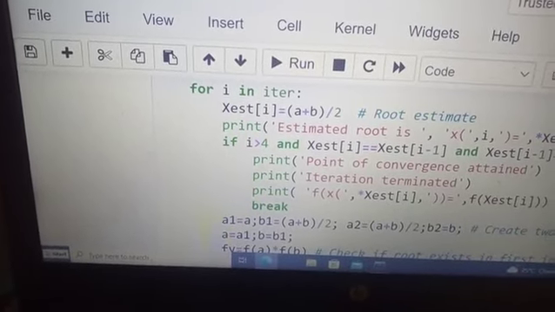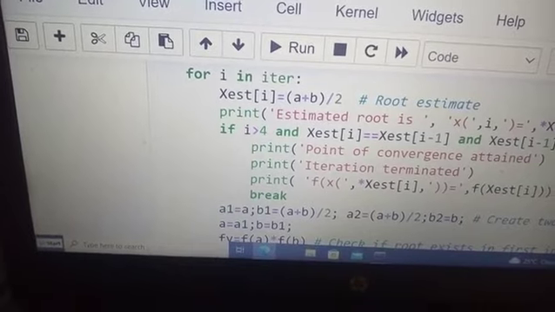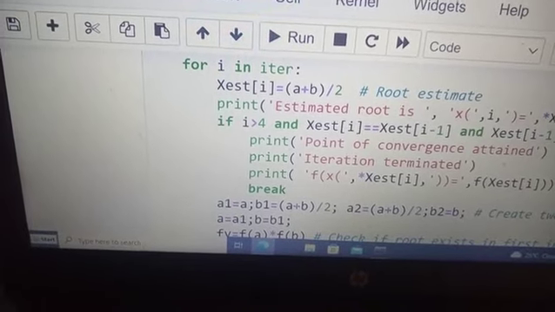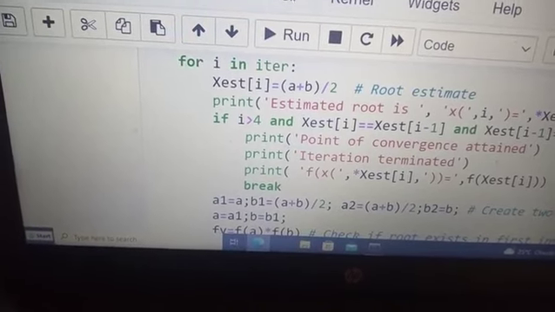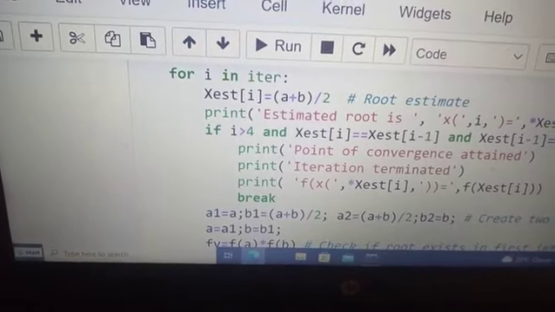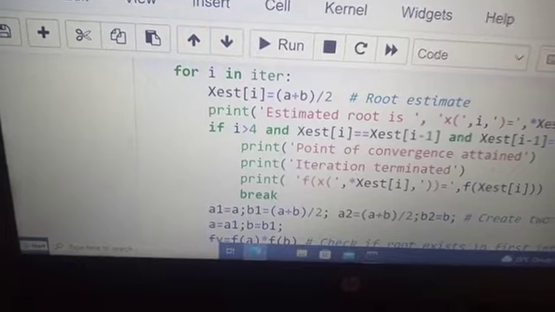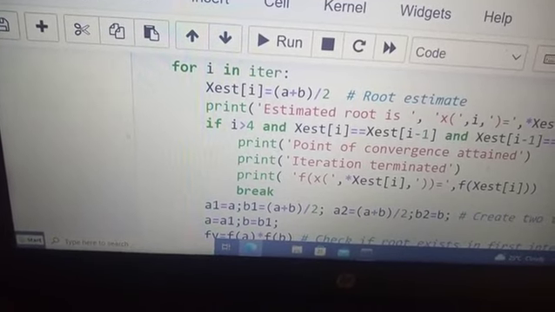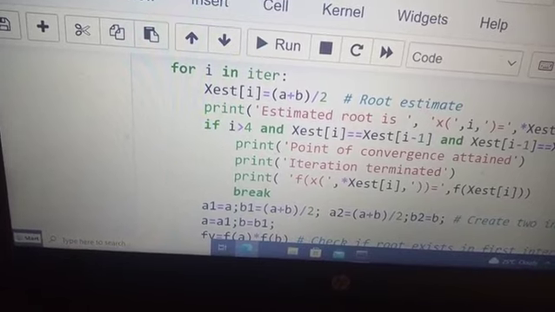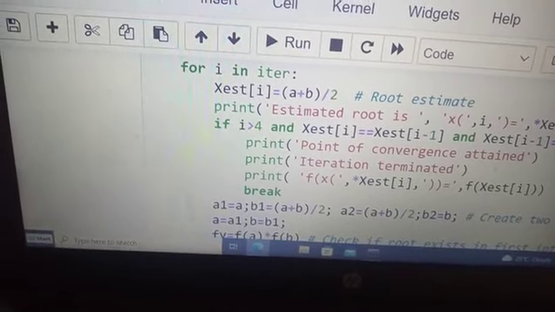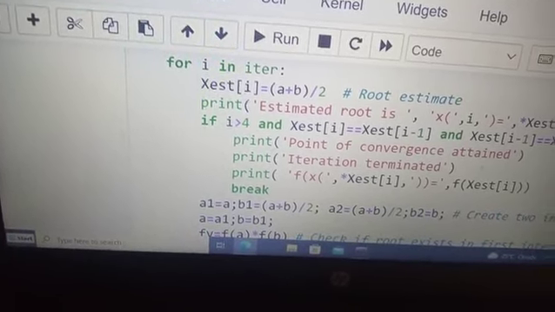And then using xs i, it will be the sum of the two endpoints a and b divided by 2 as the root estimate. If i equals 0, that gives you the first estimate. If i equals 1, that gives the second estimate, and so on and so forth. That you can print as shown in the next line.